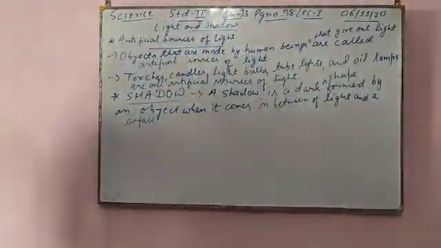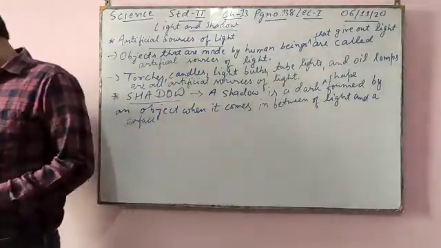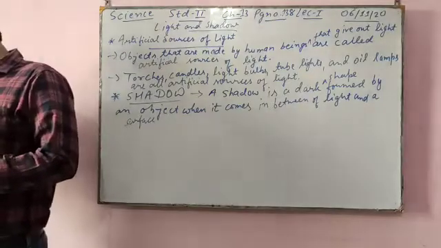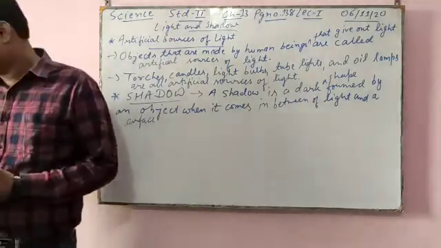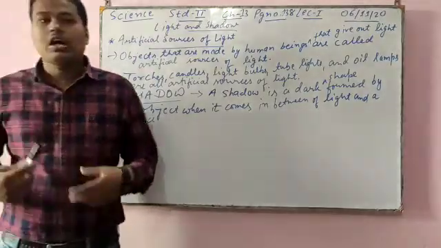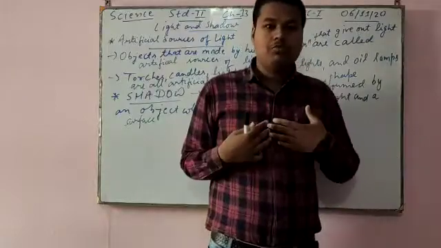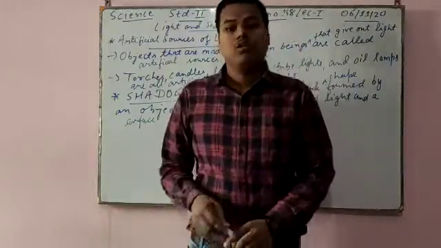A shadow is formed when an object blocks and does not allow light from a source to pass through it. If I stand, light will not pass through me, so my shadow will form.